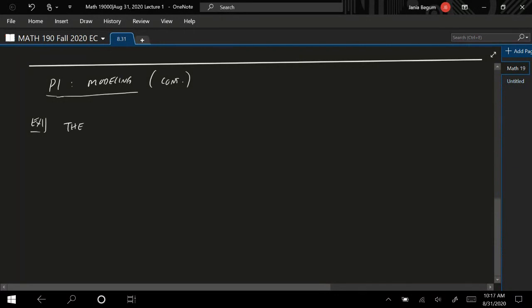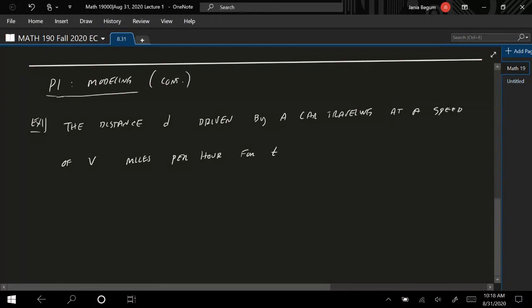Say the distance d driven by a car traveling at a speed of v miles per hour for t hours is given by the following formula.